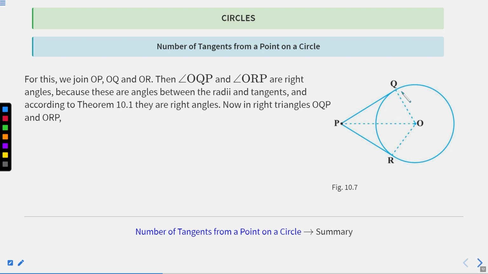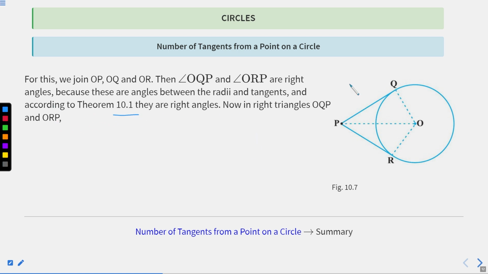So here OQ is perpendicular to PQ, so this angle OQP is 90 degrees, and this is also applicable to OR, which is perpendicular to PR, so angle ORP is a right angle. Because these are angles between the radii and tangents, according to theorem 10.1, they are right angles.